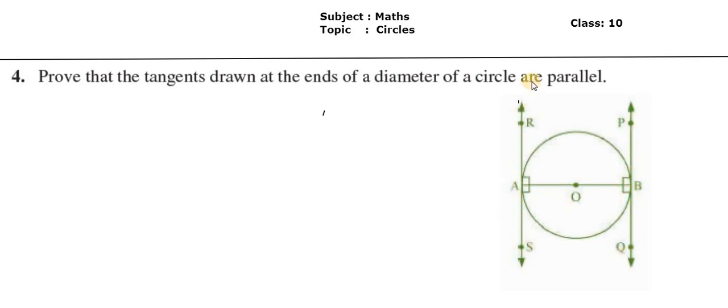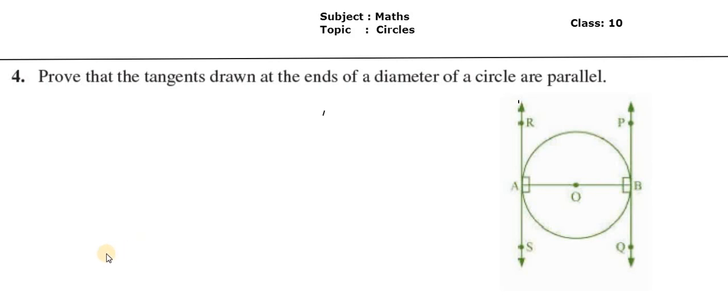These are the two tangents drawn at the ends of the diameter, that is, A and B. What we need to prove is that RAS is parallel to PBQ. So how do we prove that?